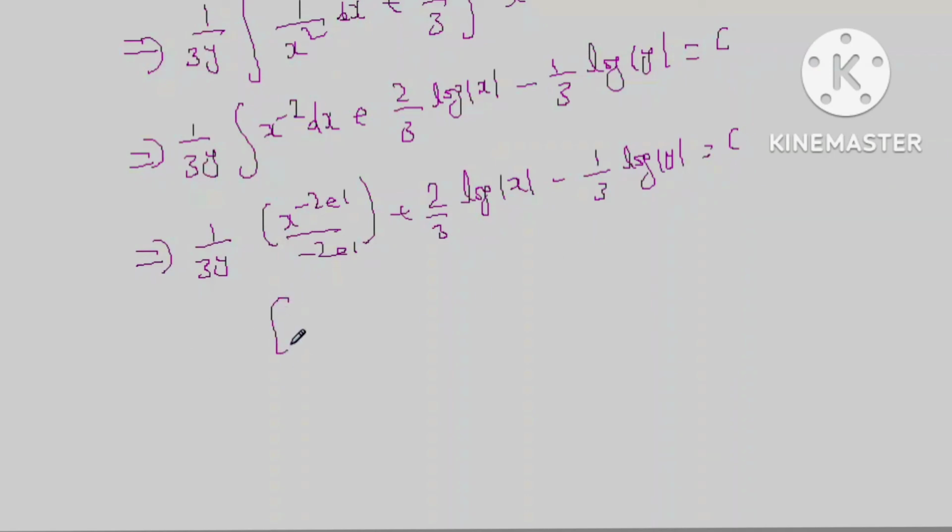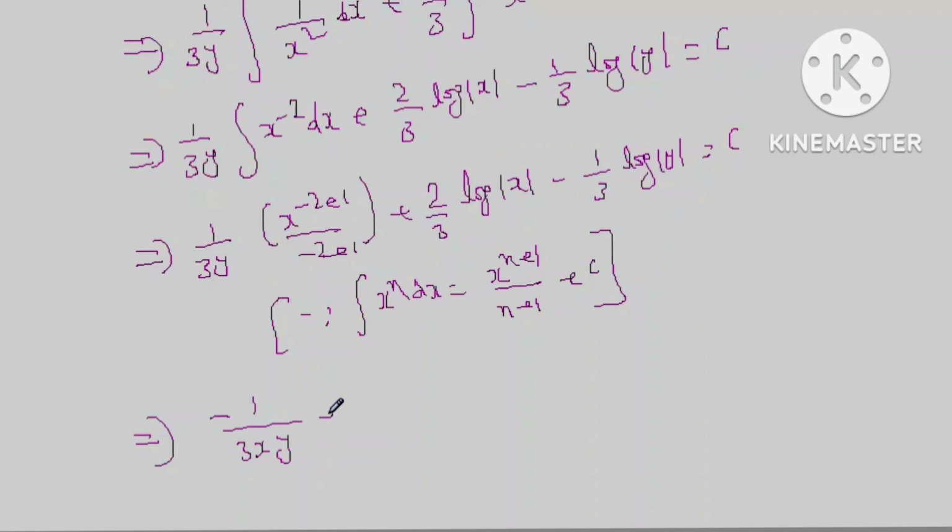What is the formula that we have used here for this integral? Integral x to the power of n dx is equal to x to the power of n plus 1 by n plus 1 plus c. So this is minus, and x to the power of minus 1 is 1 by x. So this is minus 1 by 3xy plus 2 by 3 log mod x minus 1 by 3 log mod y is equal to c.